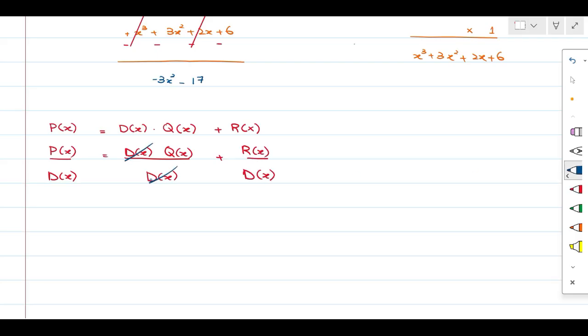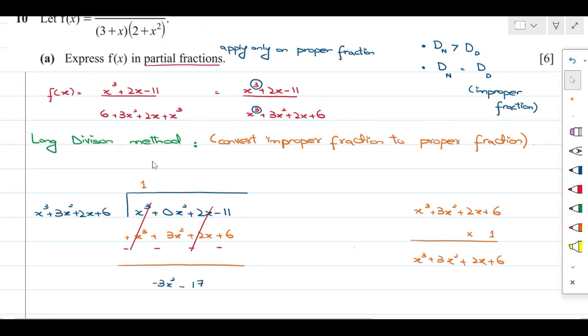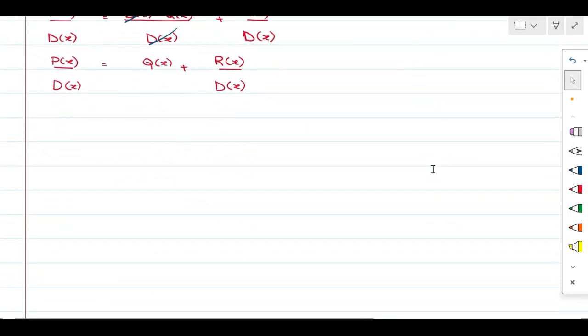So these terms are cancelled out. So when the polynomial is divided by your divisor, that is always equal to the quotient plus the remainder over the divisor. Right. Okay, let me write down this whole function.